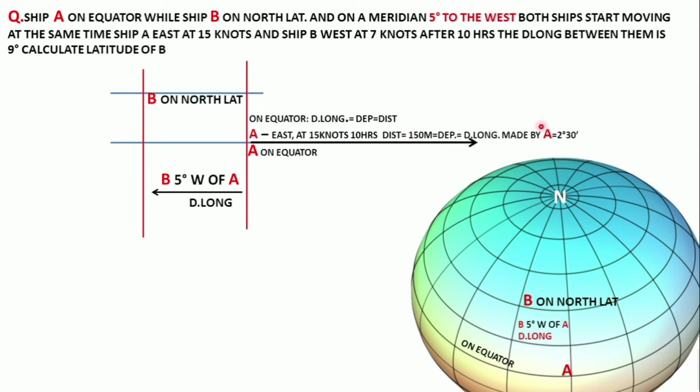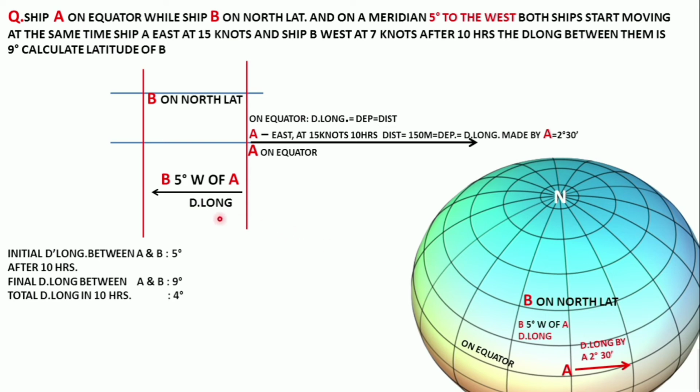So the D long made by A on the equator is 2 degrees 30 minutes. Whatever distance she has done along the equator, the distance covered is your departure as well as your distance. If you remember your formula, departure by D long is equal to cos latitude, you can figure out that departure is equal to D long at the equator.